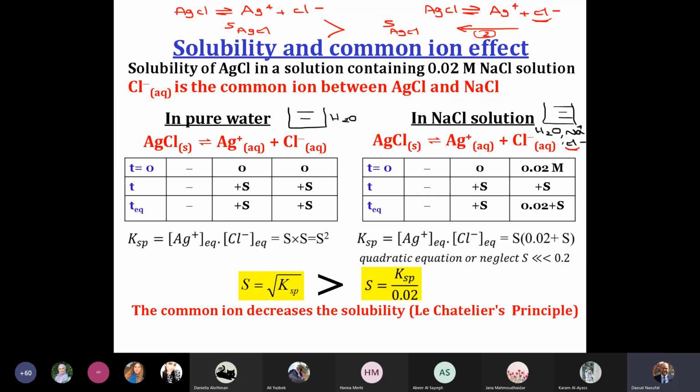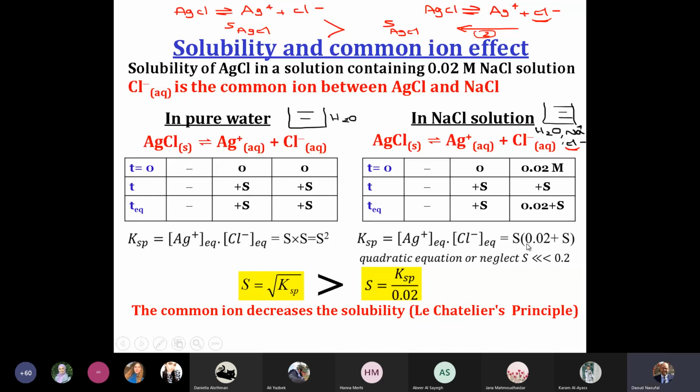KSP equals [Ag+] times [Cl-] equals S times S, equals S squared. In case 2, KSP equals [Ag+] at equilibrium times [Cl-] at equilibrium, equals S times (0.02 plus S). And pay attention, S in case 2 is not the S in case 1. This is notation only. So we have to solve this quadratic equation to obtain S. And in case 1, S is equal to the square root of KSP.